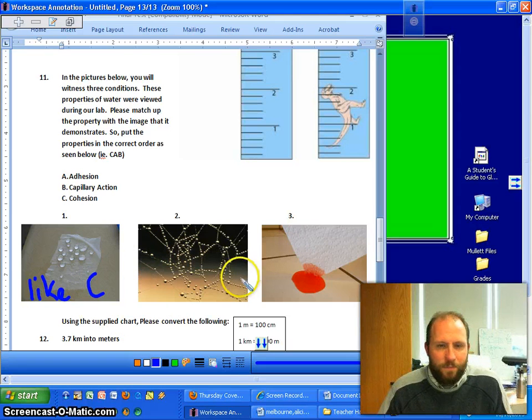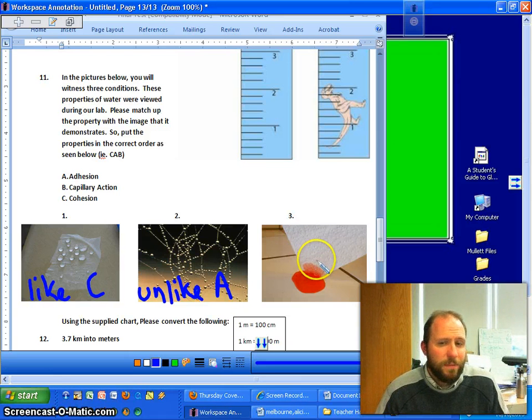Moving on over here, we've got some dew droplets, it appears, to have attached themselves through an attraction to a spider web. So we've got unlike material, and the unlike material being attracted, that's A. You got it. And let's go on over here to number 3.